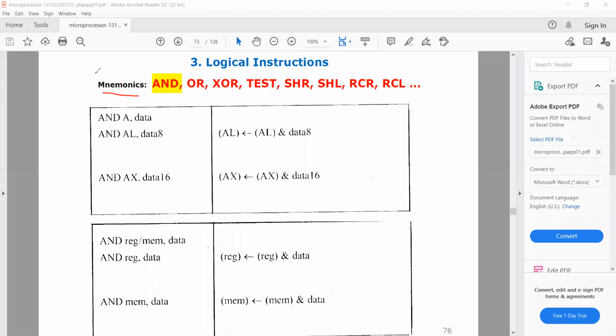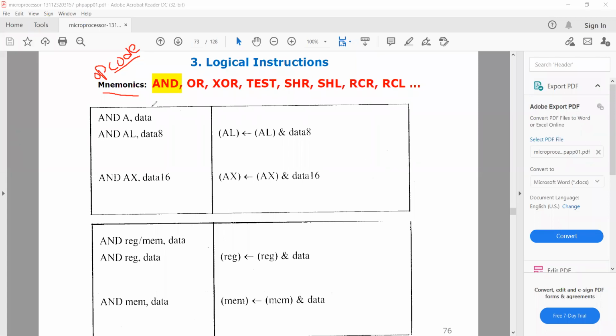The other name of opcode is mnemonic. All the instructions are generally called mnemonics. After clearing that, let us now see the logical instructions here.